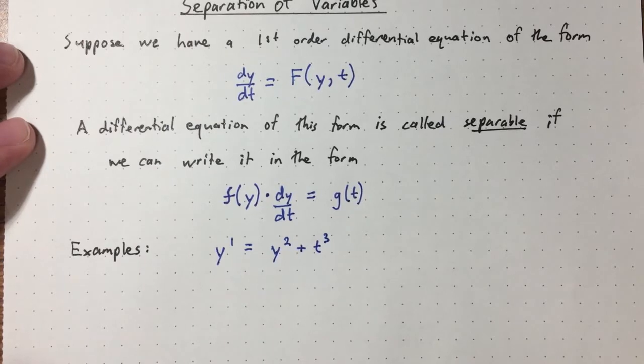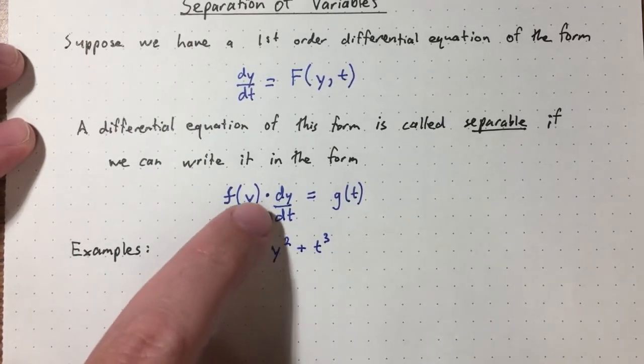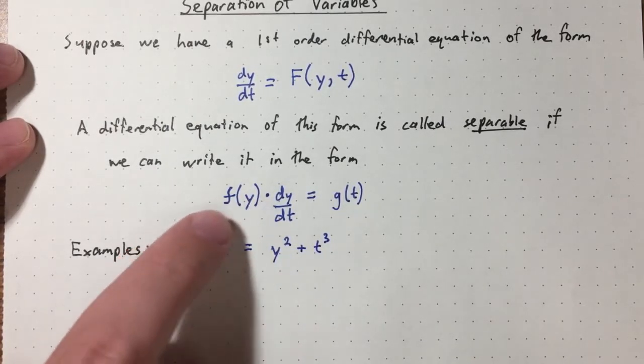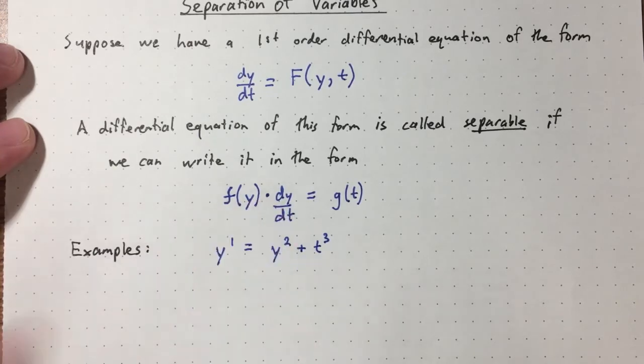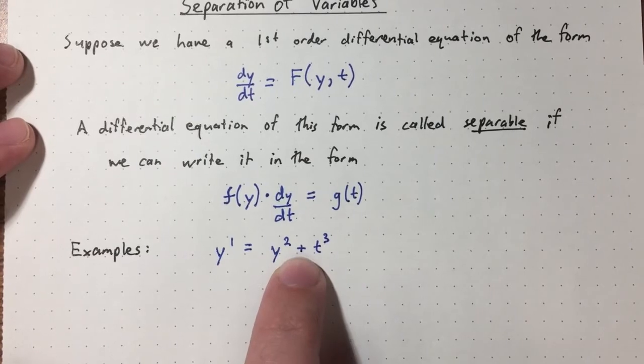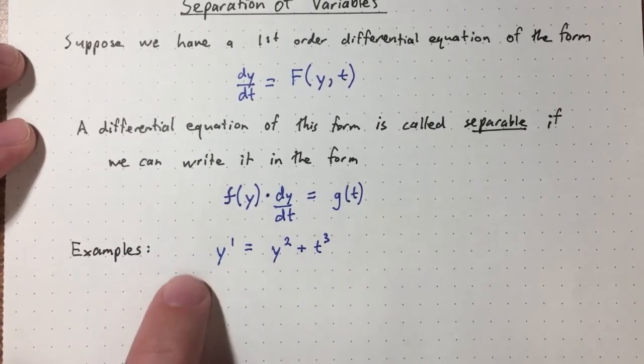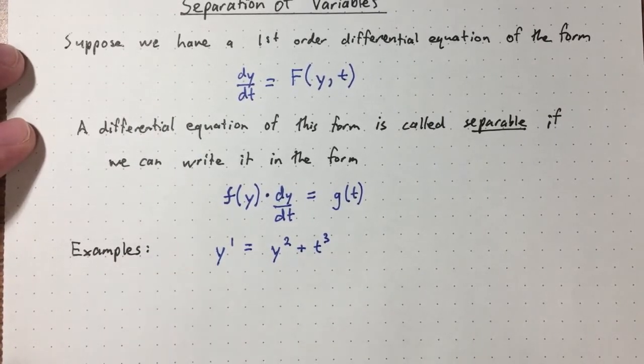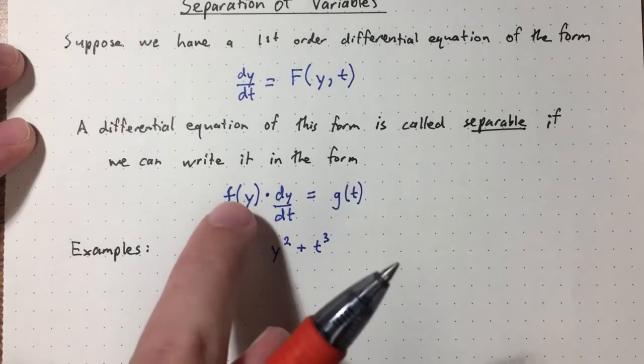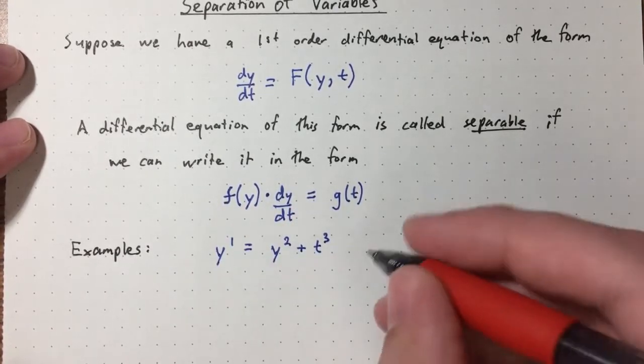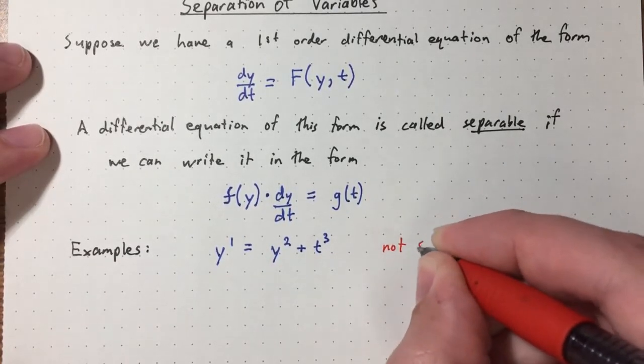But notice that we really need multiplication here. We need some function of y alone times the derivative dy/dt. And it turns out there's just no way to do that without also moving this t over on this side. So we cannot write it in this form. So this one is not separable.